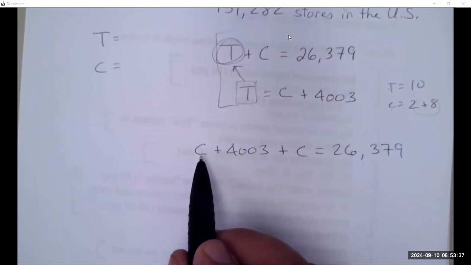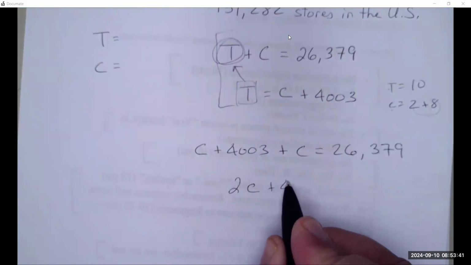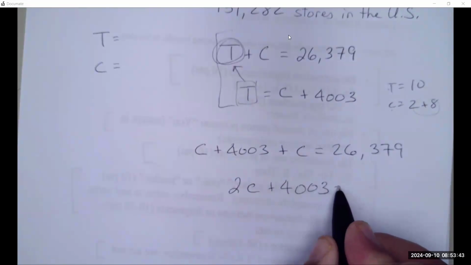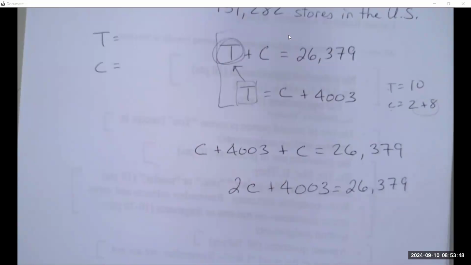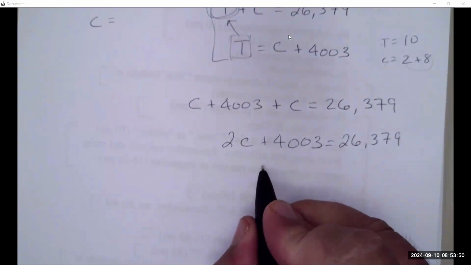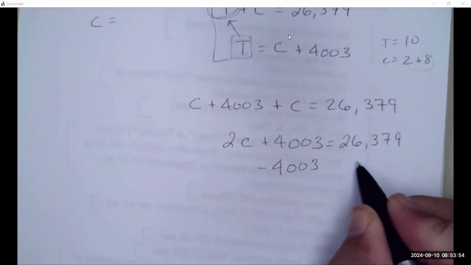Combine like terms: C plus C is 2C. Get rid of pluses and minuses first, so subtract 4,003 from both sides.